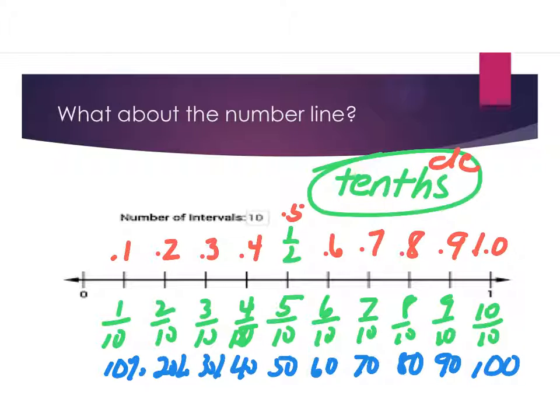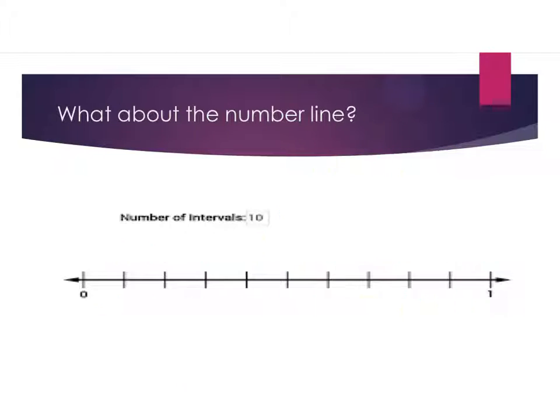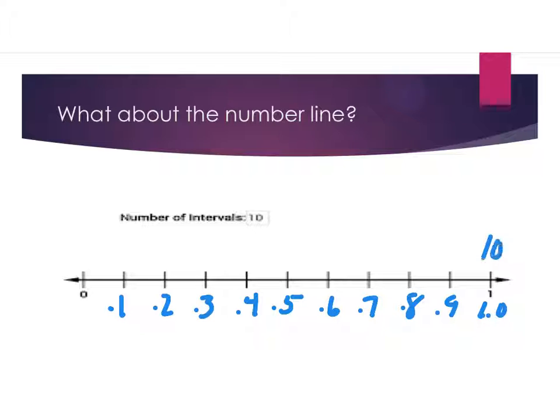So we're going to go to a clean number line. And I'm just going to write the tenths down because that seems to be a helpful thing. And so once you've got the tenths written down, then you can begin to compare things a little more carefully. And this is 1.0, which is the same thing as 1, which is the same thing once again as 100%.